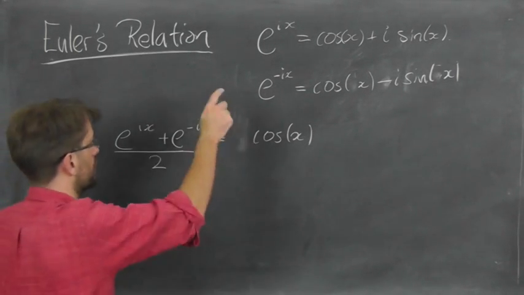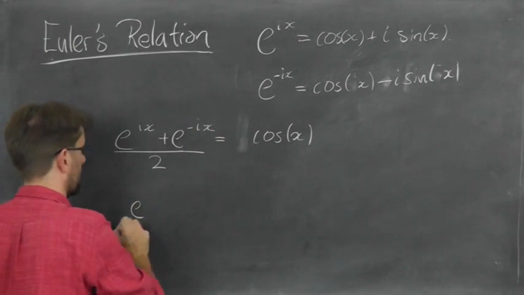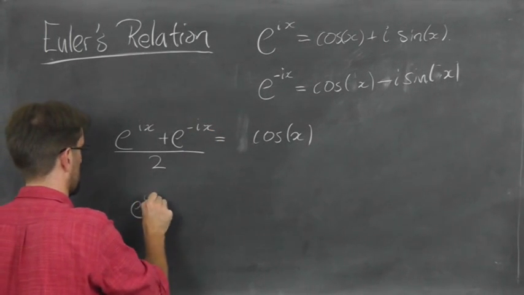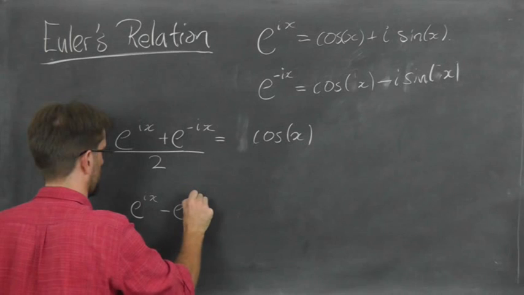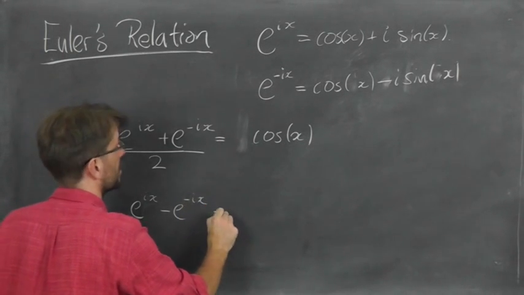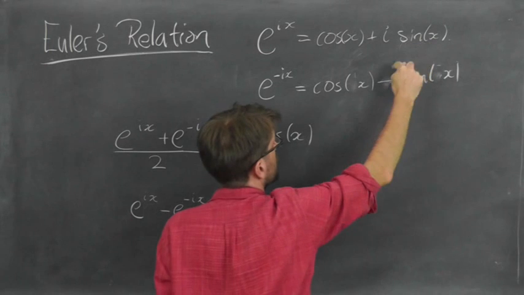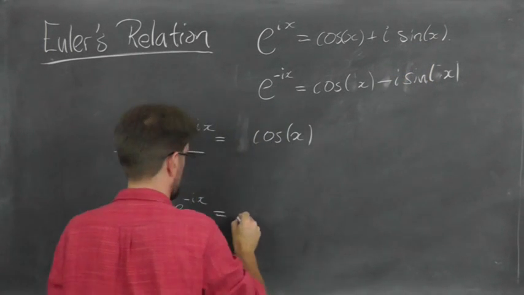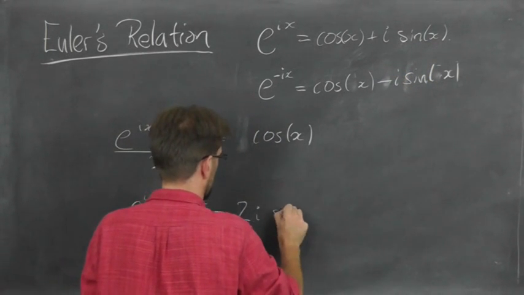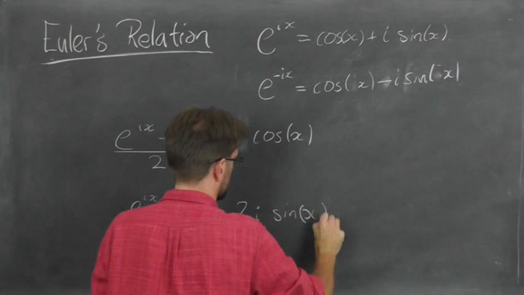So similarly, we can subtract. So we get e to the ix minus e to the minus ix. And this time the cos's will cancel. And we'll get I sine x minus minus, so that'll be plus, so that'll equal 2i sine x.